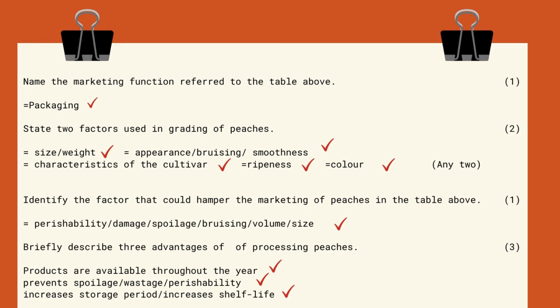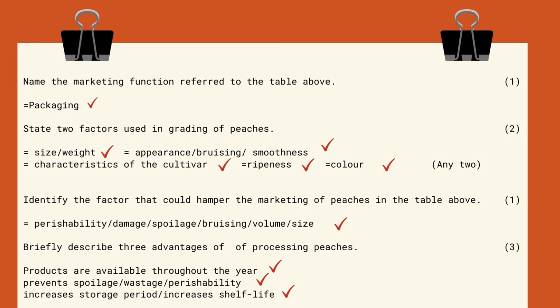Okay, now the products are available throughout the year. We will also mention that it prevents wastage and also prevents spoilage, and also it increases shelf life. So those are the 3 advantages that you can give. You can also give other advantages that we have mentioned before. So you can be asked different questions relating to these 4 different main functions.